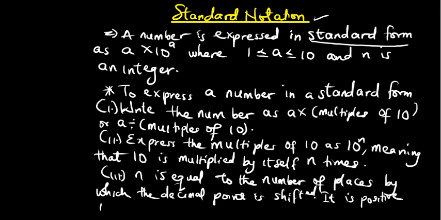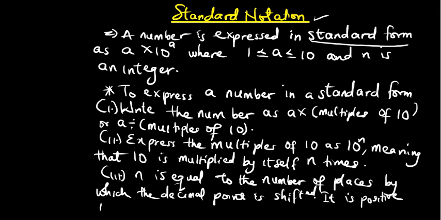Now, to express a number in standard form, write the number as a times multiples of 10, or a divided by multiples of 10. Express the multiple of 10 as 10 raised to power n, meaning 10 is multiplied by itself n times. n is equal to the number of places by which the decimal point is shifted.